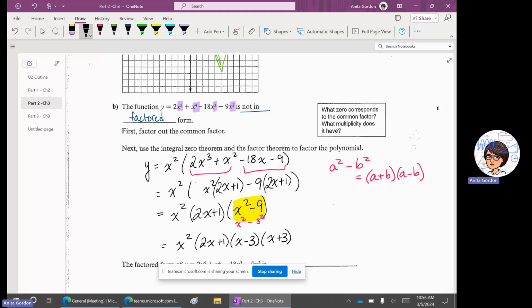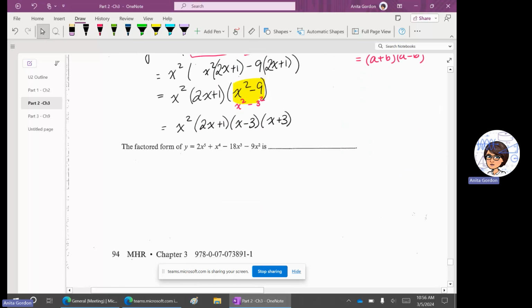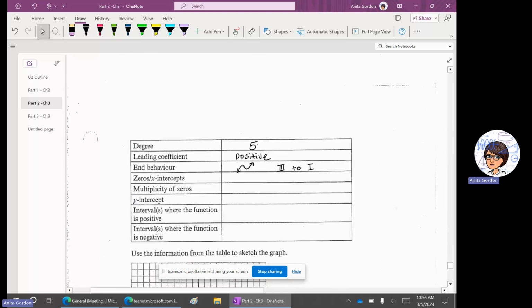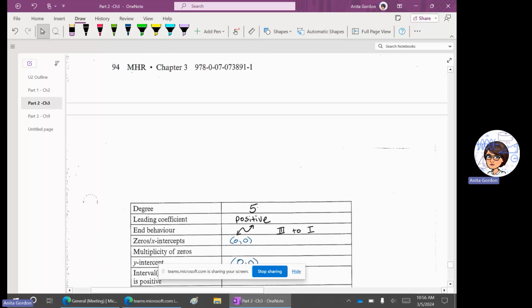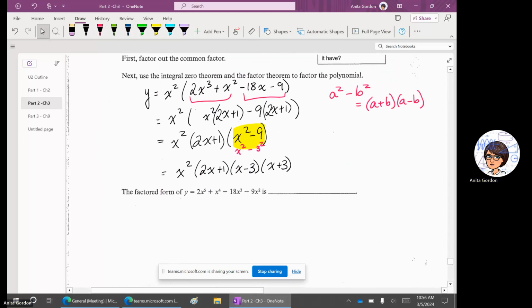Couple things we should notice. There is no constant in this polynomial. So that means my y-intercept is at 0, 0. If I have a point at 0, 0, that means one of my x-intercepts is also at 0, 0, because both of them are 0 there.